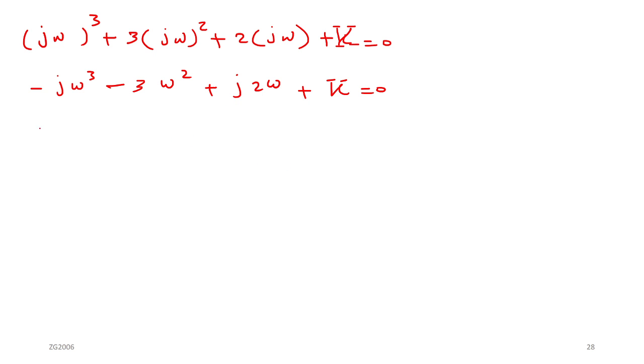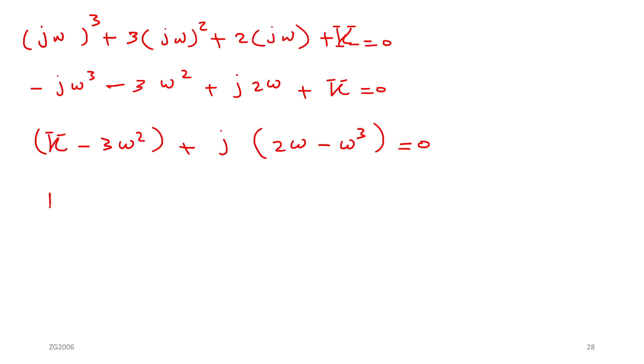Collect all the imaginary together and the real part together. This is the real part. It's going to be K minus 3 omega squared plus J times 2 omega minus omega cubed, right? Equal to 0. Now, this equation is true as long as the real part equal to 0 and the imaginary part is also equal to 0 at the same time, right?